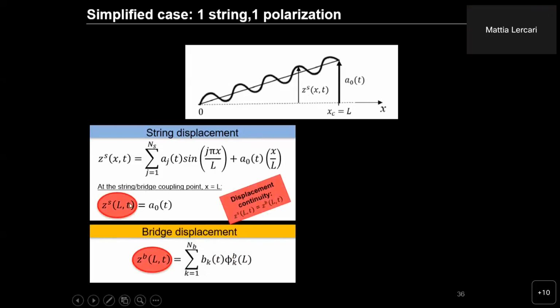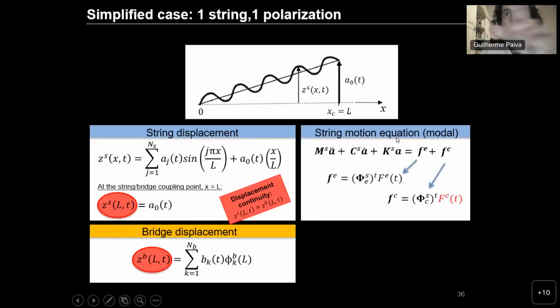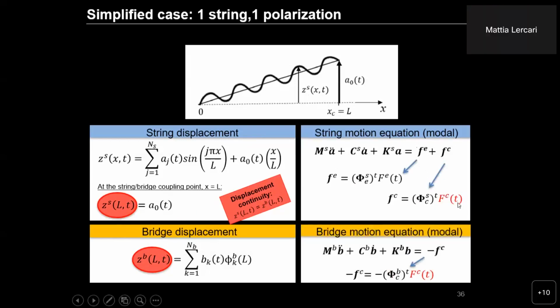So if we impose the displacement continuity at the coupling point, and write down the string motion equations in the modal domain, for the string motion we consider the external force, which is the excitation, and the coupling force FC, which is unknown. And for the bridge motion in the modal domain, we consider the reaction to the coupling force, so you also have the FC.